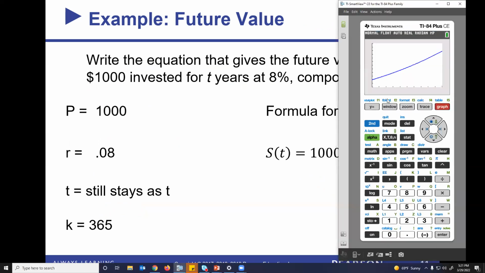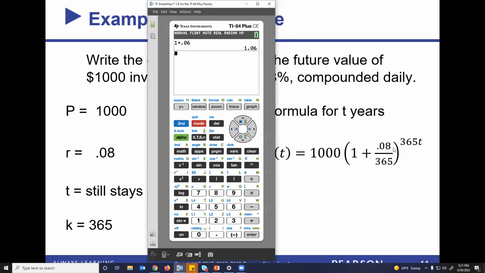Previously, I combined things together, and that was because we literally had a really pretty decimal there. Ladies and gentlemen, when you look at this one, and I'm going to pull this over here so you can really see this, 0.08 divided by 365, that is not a pretty decimal at all. Why do I know it's not a pretty decimal? Well, first of all, it says 2 point something, right?